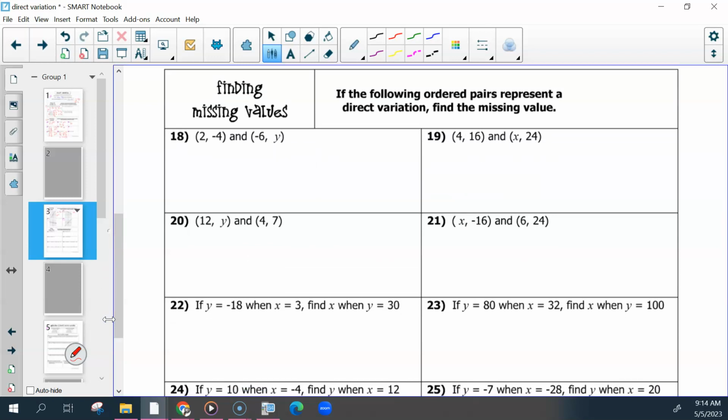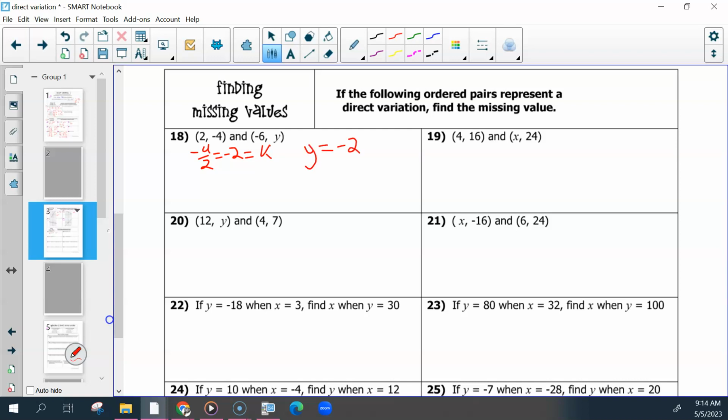Now, we're given a set of ordered pairs, and we have to find the missing number. So to do that, we're going to set up our K equation of what's given. So -4 divided by 2. That would be our K value. So we could set up our equation with just that first.